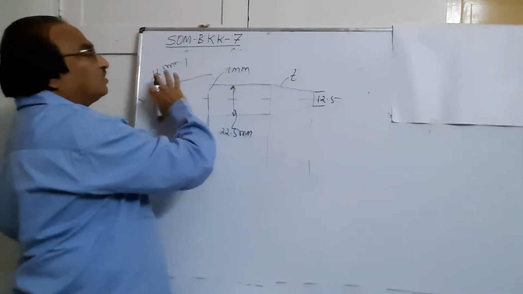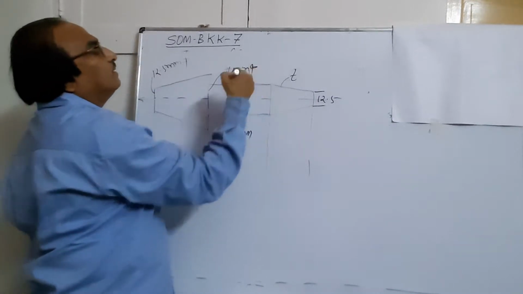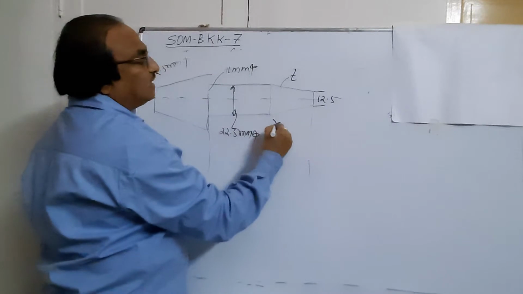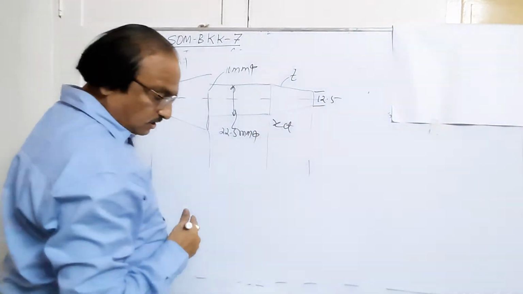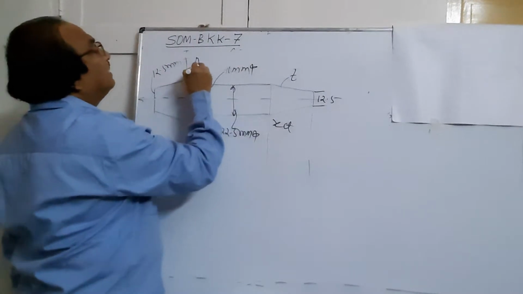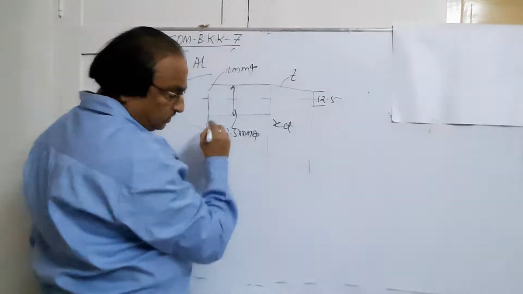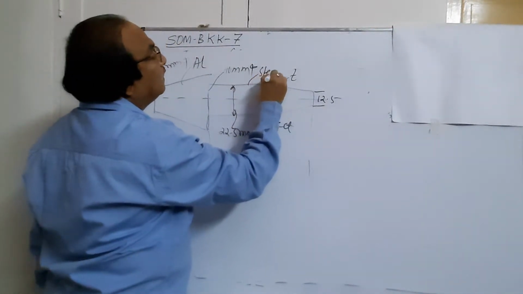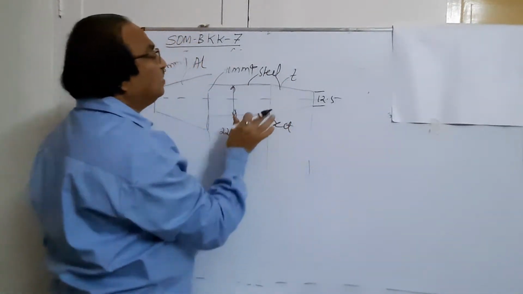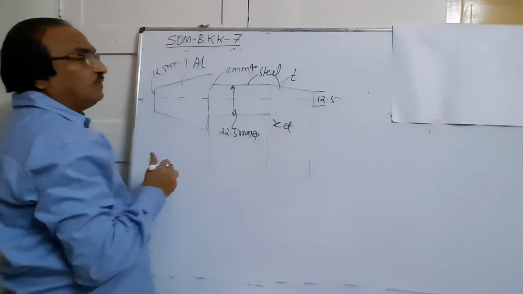So this is a circular tapering bar. This is also a circular tapering bar. This is a rectangular bar. This is aluminum material. This is steel, and this is also steel. So these two are made of steel and this is made of aluminum.